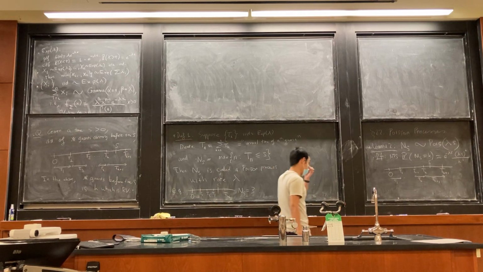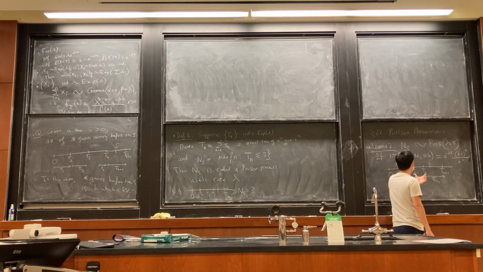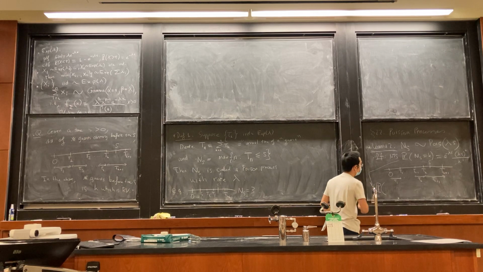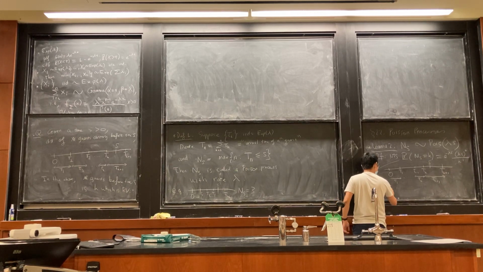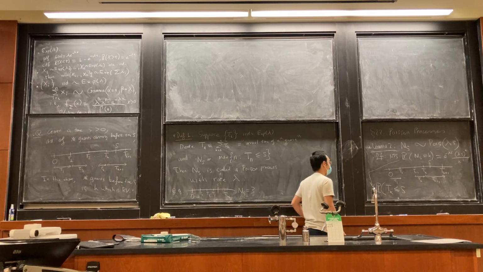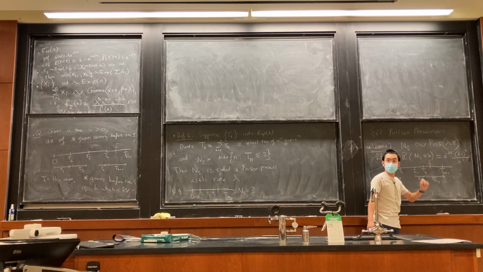So first, I have the first k guests arriving before time s, and the next one has to be after s. So this is the same as the probability that capital T sub k is bounded above by s, and I need to make sure the next guest is after s.